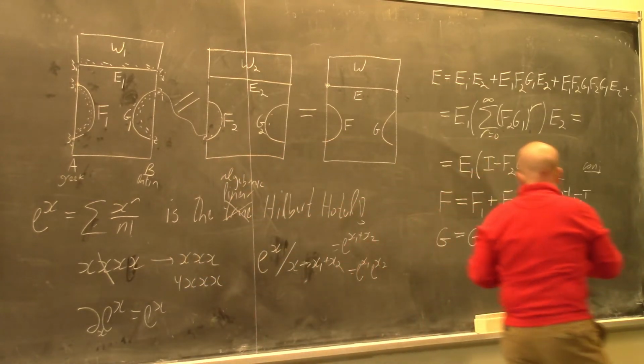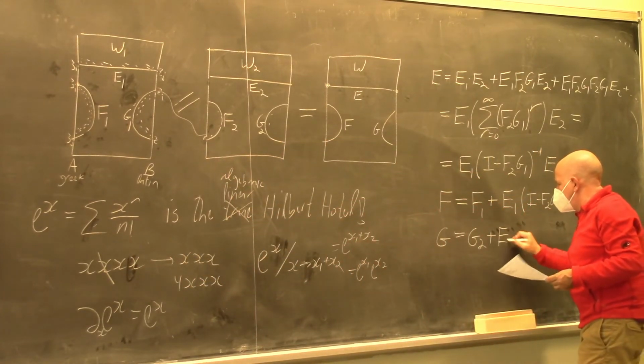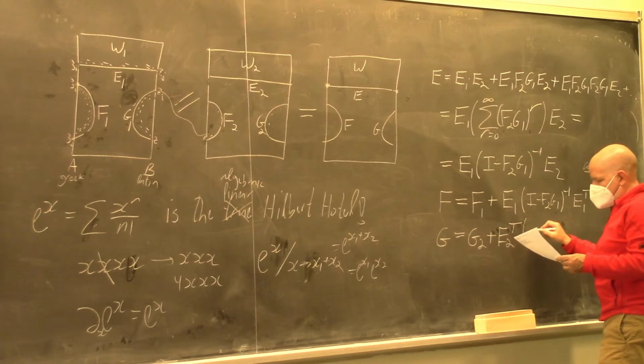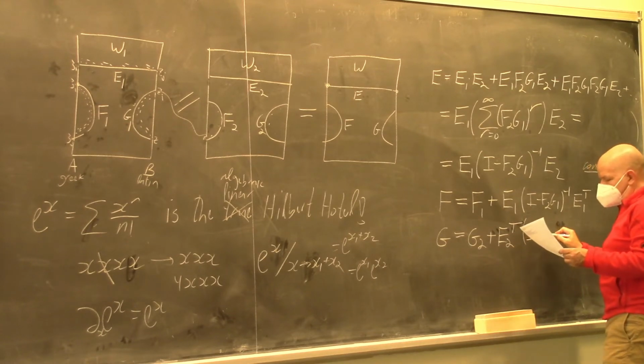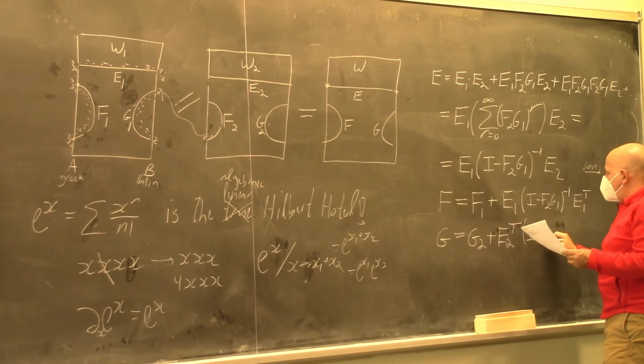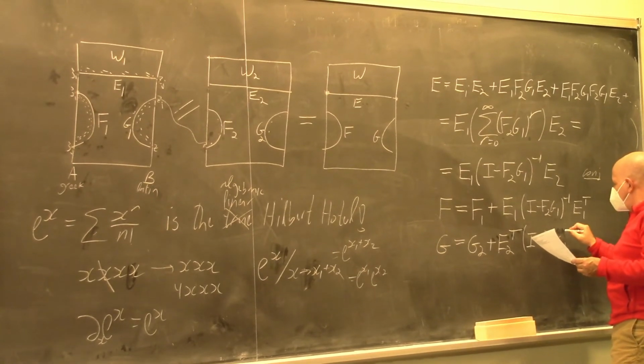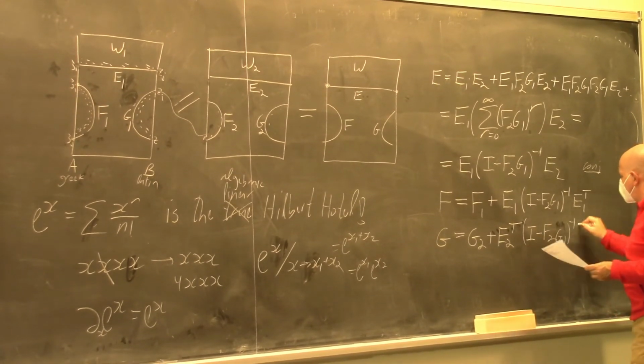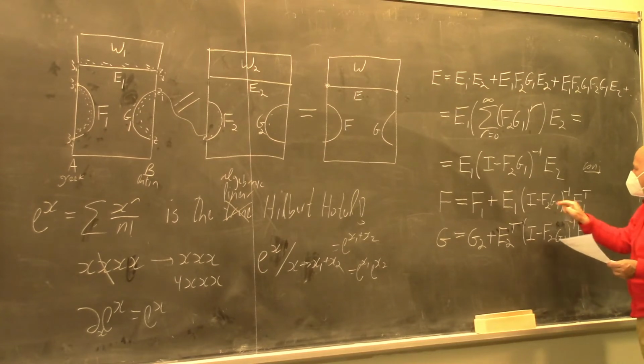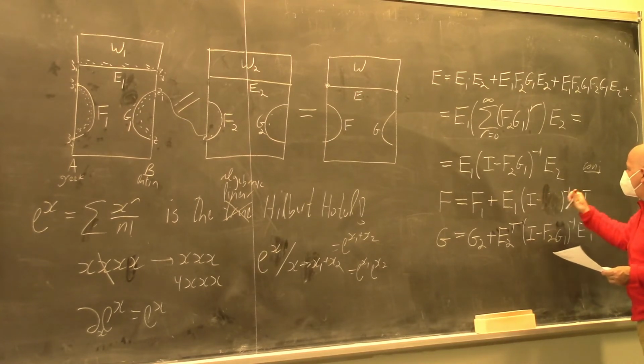So the result is E2 transpose (1 minus F2 G1) inverse E1. And here I was confused about the order in which G1 and F1 go. It's actually the opposite order.